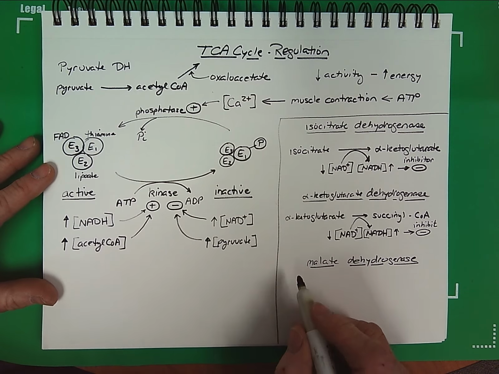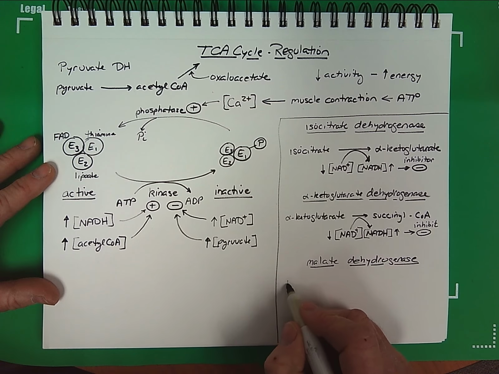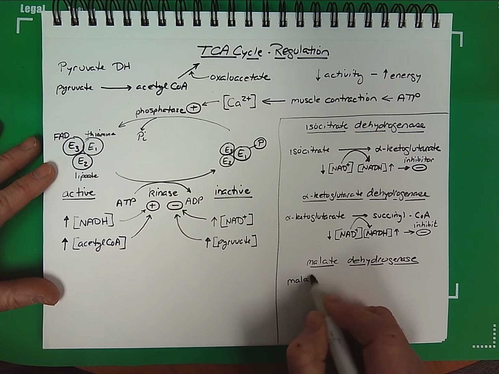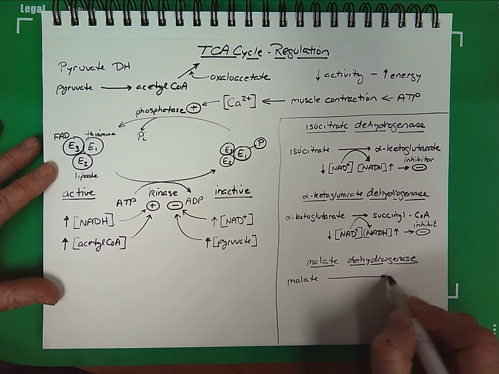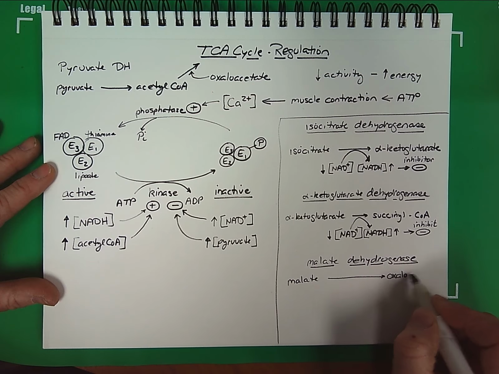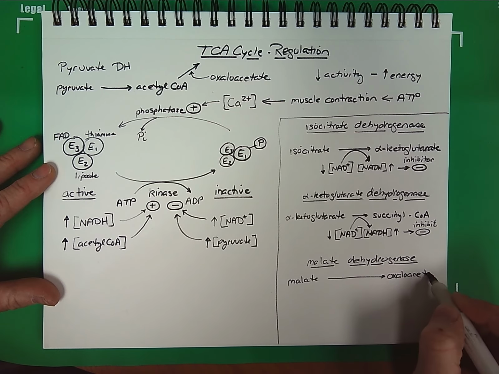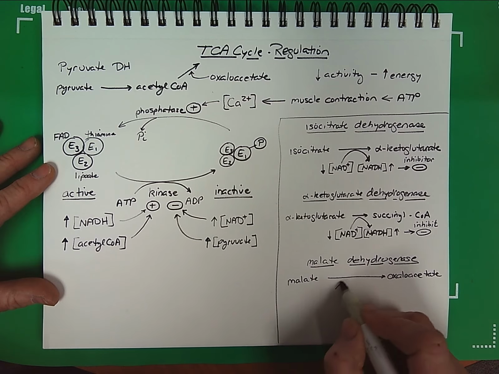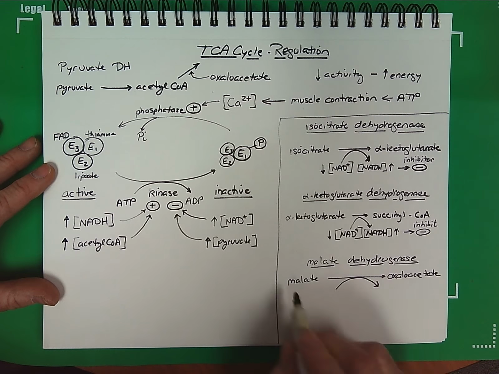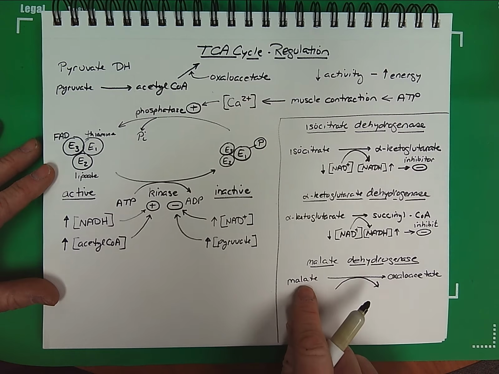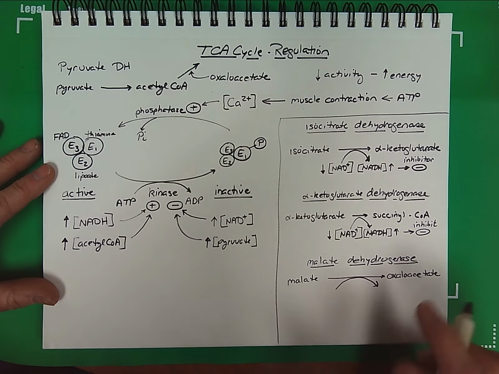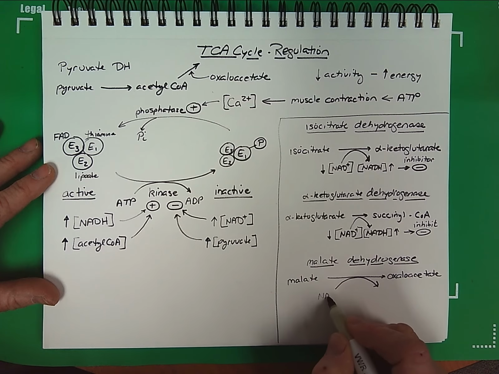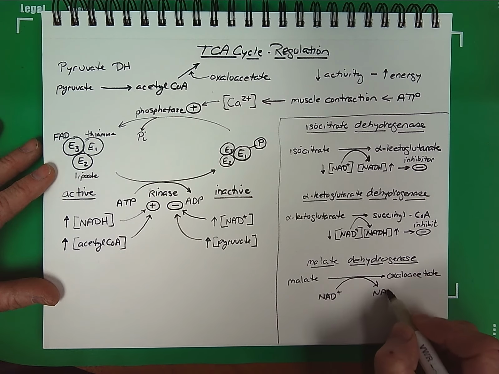Now in this case, this enzyme in the TCA cycle is converting malate to oxaloacetate. Again, this reaction is a redox reaction, so we are going to oxidize malate into oxaloacetate. So we need a partner to reduce, and that is going to be NAD to form NADH.